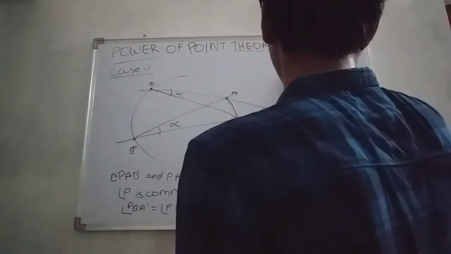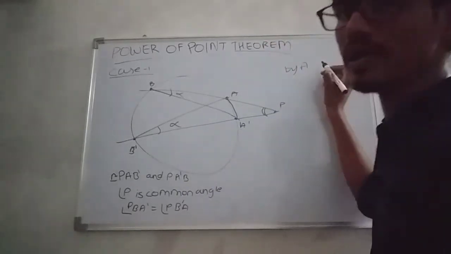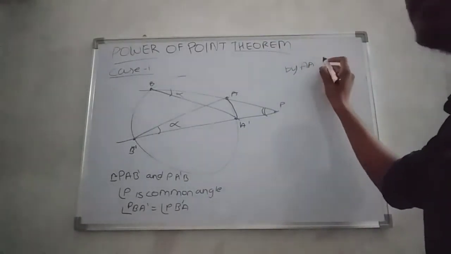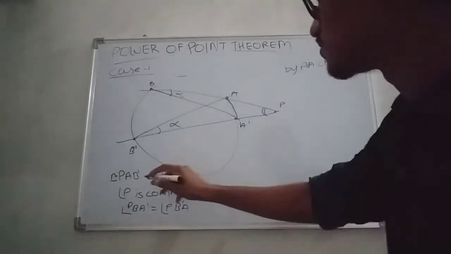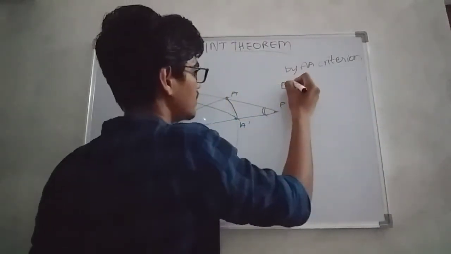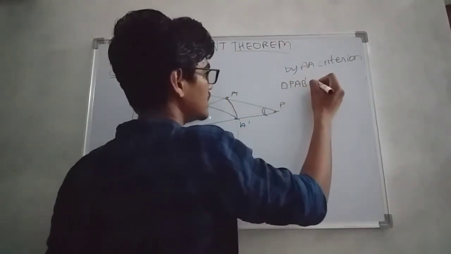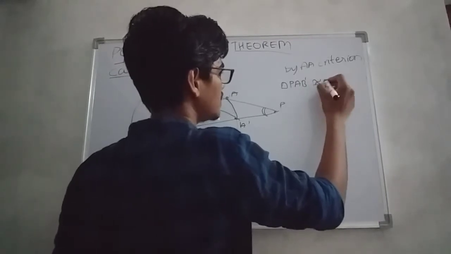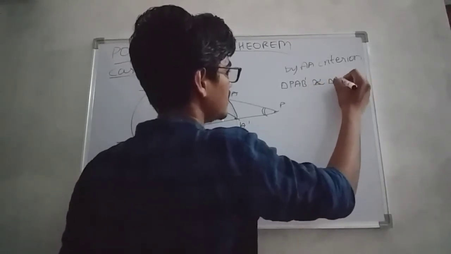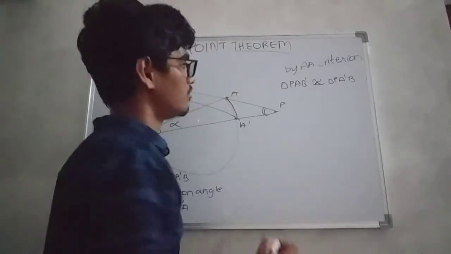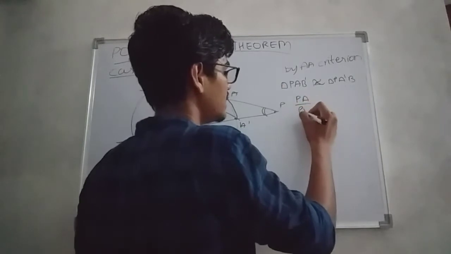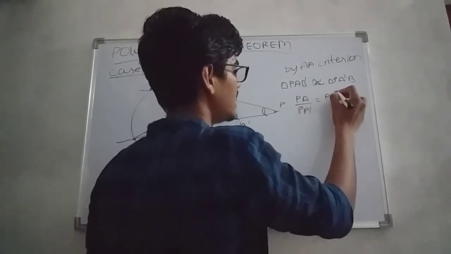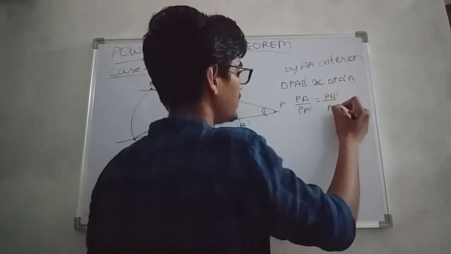So here we can write by AA criterion, triangle P A B dash is similar to triangle P A dash B. By taking the sides ratio constant, we can write PA by PA dash is equal to PB dash by PB.